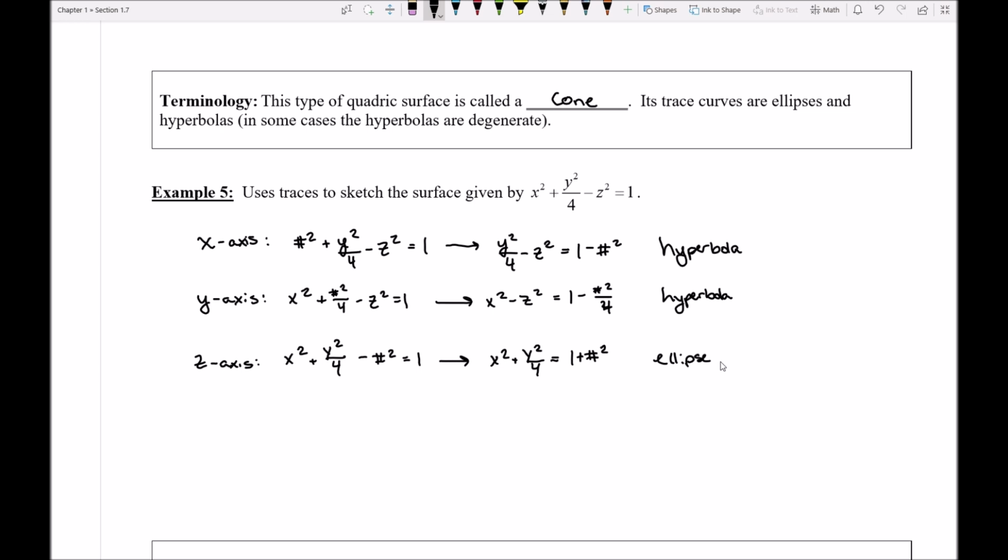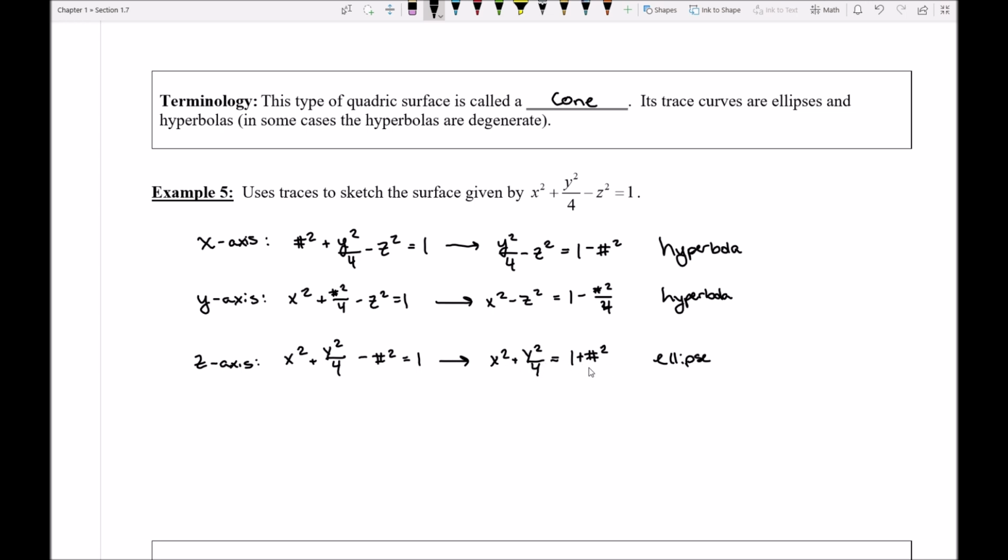What's happening here? What I can start to see is that the only way an ellipse could fail to exist, when the surface would stop existing, is if I had the value on the right side of my equal sign turn into something negative. But that's never going to be possible here because I always have 1 plus a value squared. And the only time an ellipse could shrink all the way down to a point, just a single dot on the graph, would be if I could get my x squared plus my y squared terms to come out equal to 0.